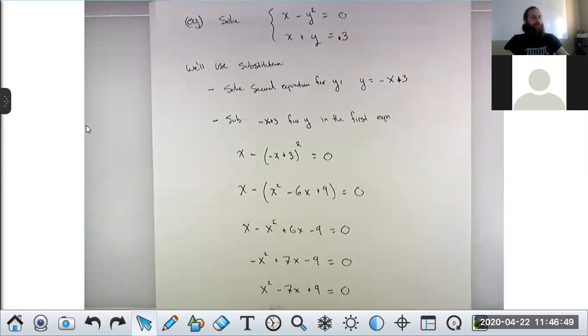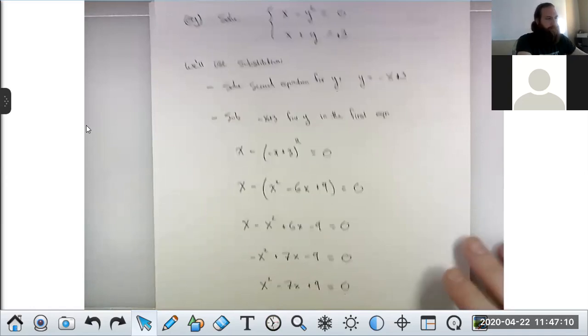And then if I wanted to factor this, I would have to find two numbers that multiply to 9 and add up to -7. I don't think you will find those. I don't believe those exist. 9 is 3 times 3 or 9 times 1, and that is it. And no combination of those add up to -7. So from here we would need the quadratic formula.